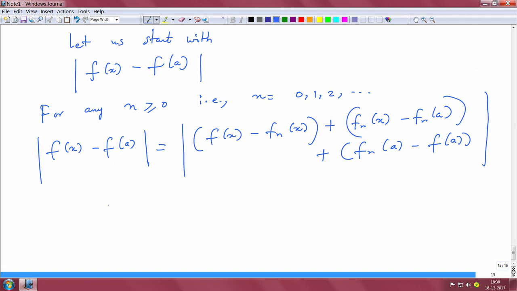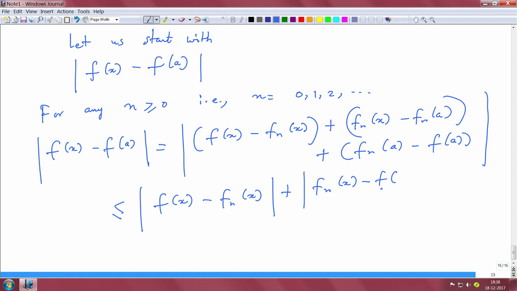Now invoking the triangle inequality, this is less than or equal to the absolute value of f of x minus fn of x, plus the absolute value of fn of x minus fn of a, plus the absolute value of fn of a minus f of a.